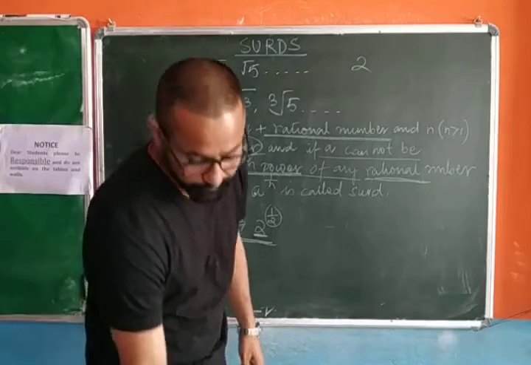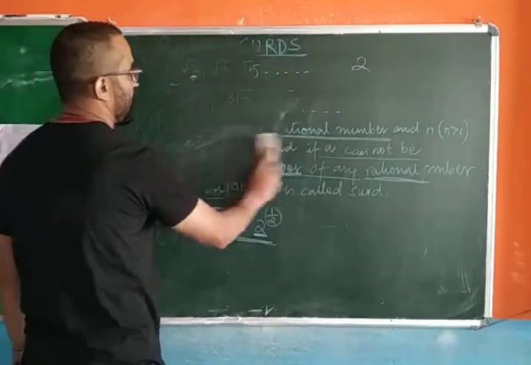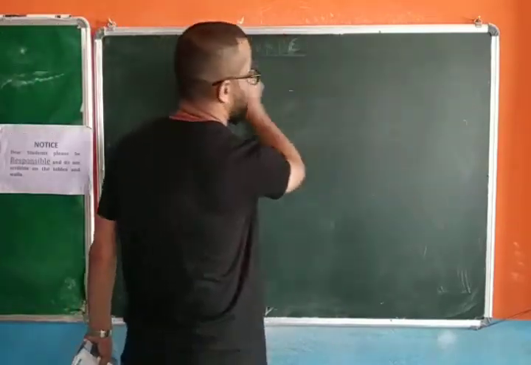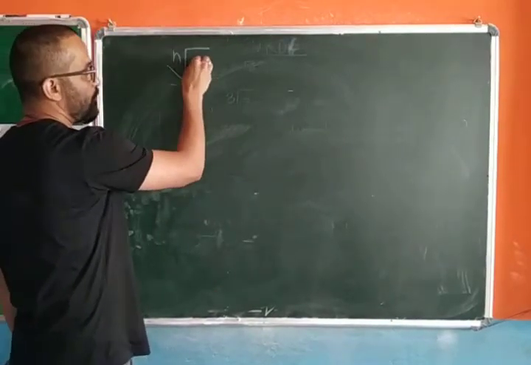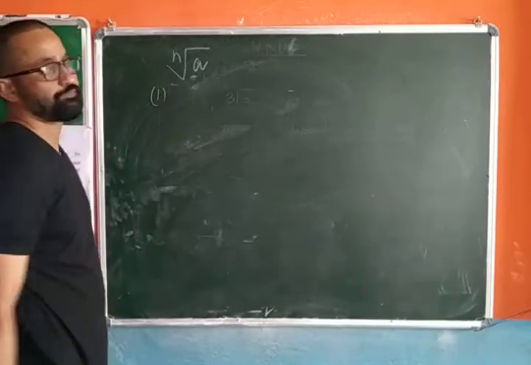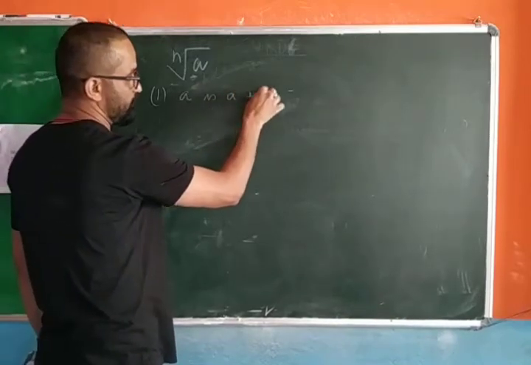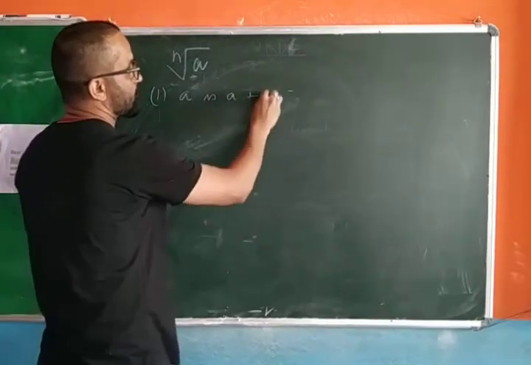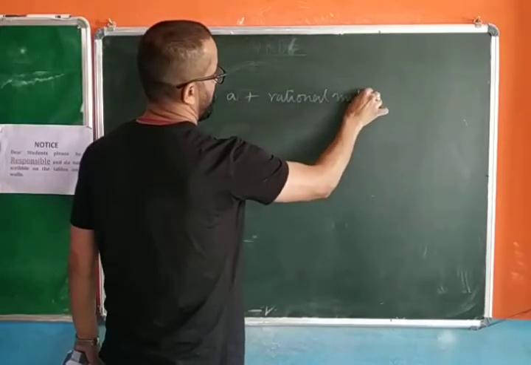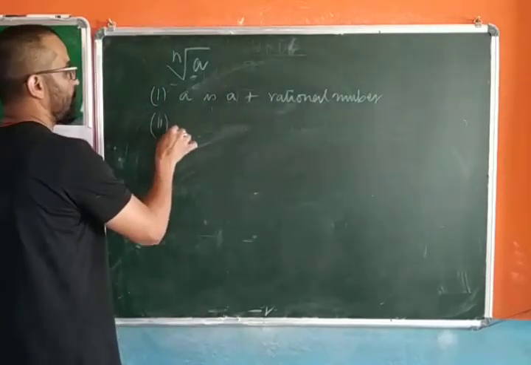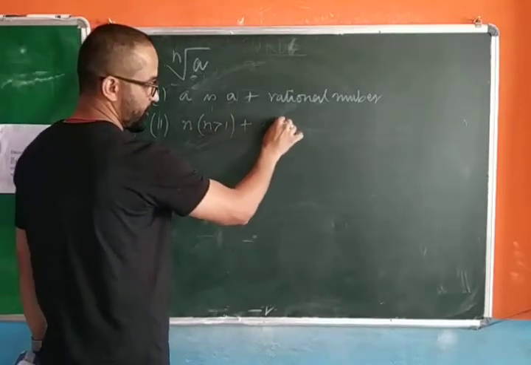Remember this. Look at the technical terms related to surds. If I write the nth root of a, the first one, a is a positive rational number. Number 2, n should be greater than 1, a positive integer.